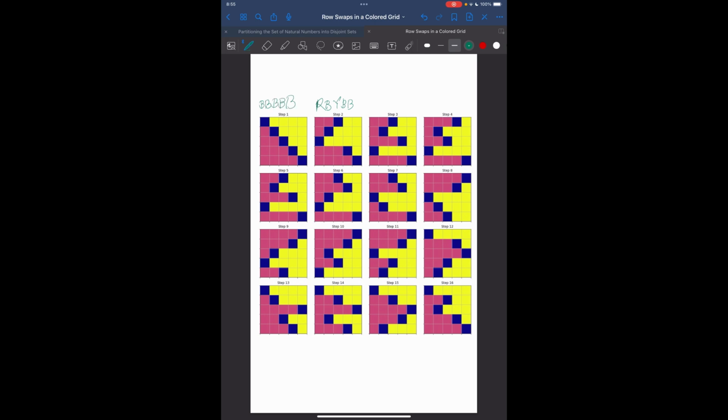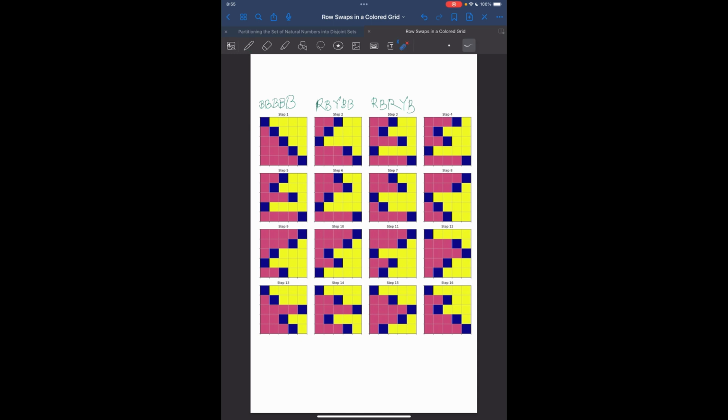In step 3, I'm going to swap this one with this one. So rows 3 and 4 are swapped, and that would result in this configuration. Here I have red, blue, red, yellow, blue.